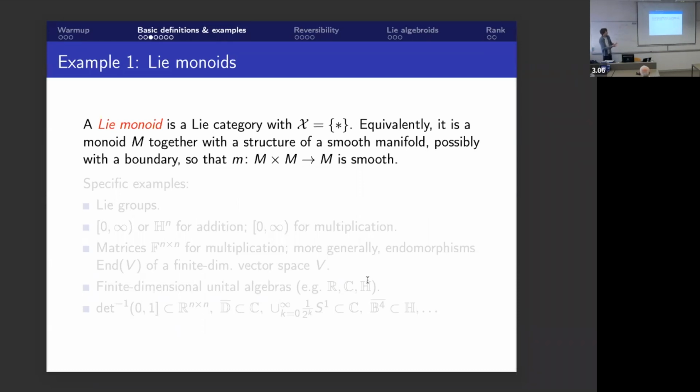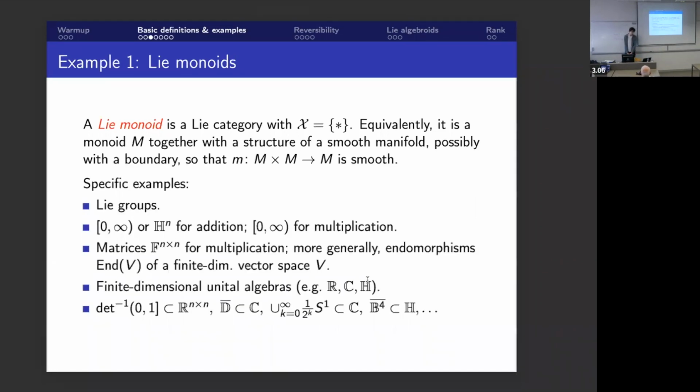Because every two morphisms are composable. And so we can restate the definition of a Lie monoid. We can just say it's a monoid together with a structure of a smooth manifold, possibly with a boundary, such that the multiplication in the monoid is smooth, right?